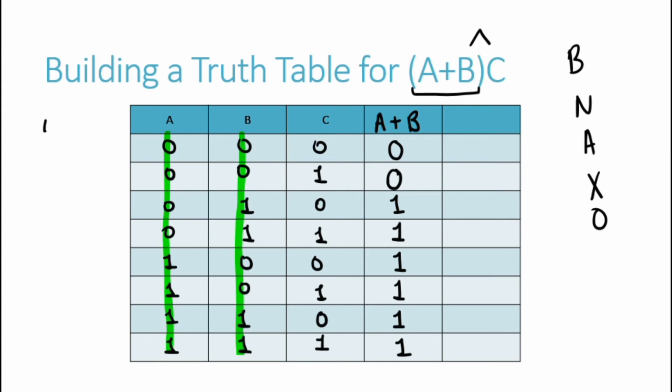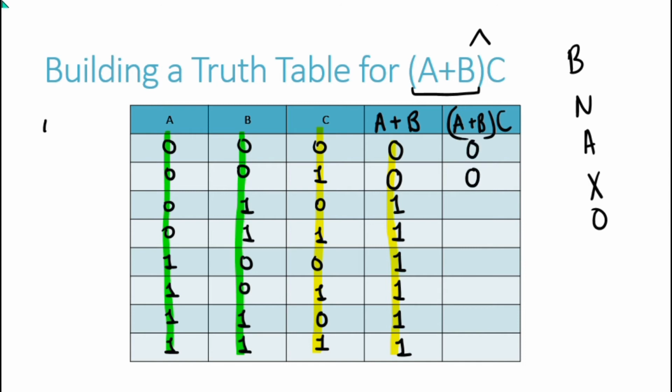Okay, so I finished finding what comes out of that gate. Now I'm going to take my answer that I just found, and put it into an AND gate with C. So this line goes in as an input, and C goes in as an input. We're in an AND gate now, so we're thinking about multiplication. 0 times 0, 1 times 0.